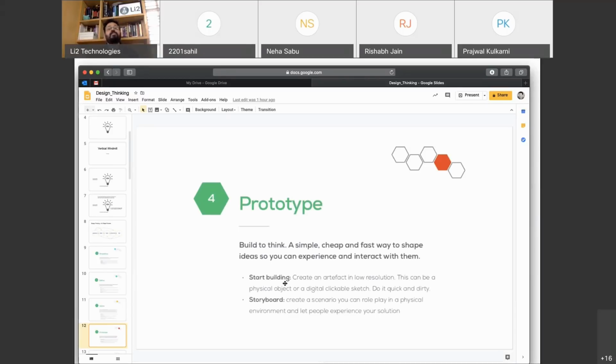As I said, prototype is not always a show and tell kind of a thing. It could be even a presentation, right? So what I'm trying to say here is start building, create an artifact, a low resolution image, or a physical object, or a digital sketch, or a drawing, so that you start putting your ideas into more real form.